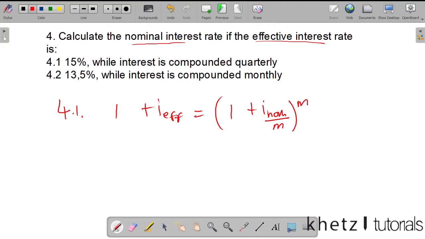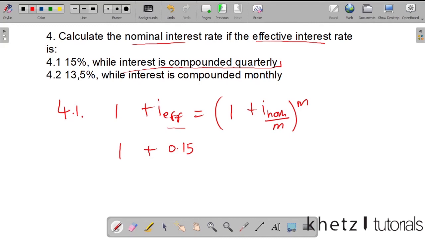We're just going to do some mathematical manipulation to have I nominal isolated so we can have everything else give its value. Let's substitute the values that we do have. We're told that we have 15% compounded quarterly, which should be your effective rate, because if you remember my definition, it considers the compounding period.